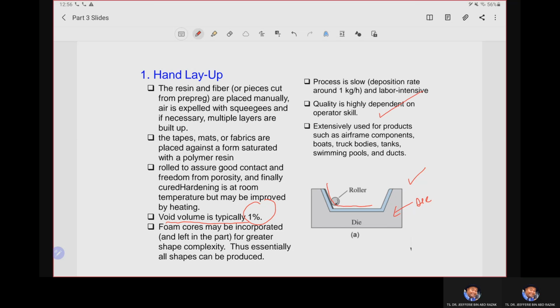Some of the products that we make by hand layup are boats, A-frame components, truck bodies, tanks, fiberglass swimming pools, and many others.